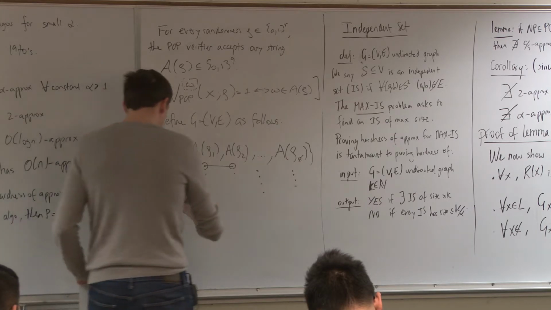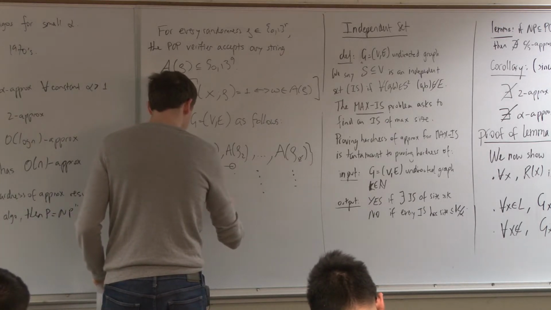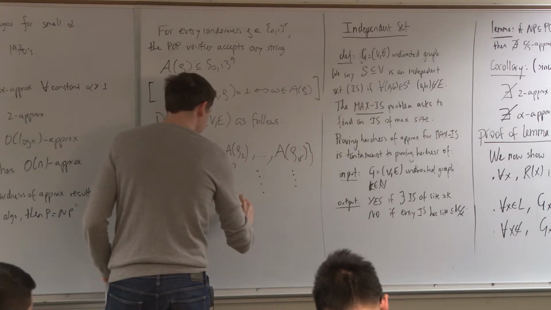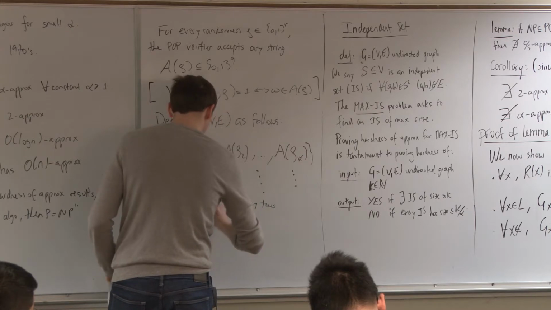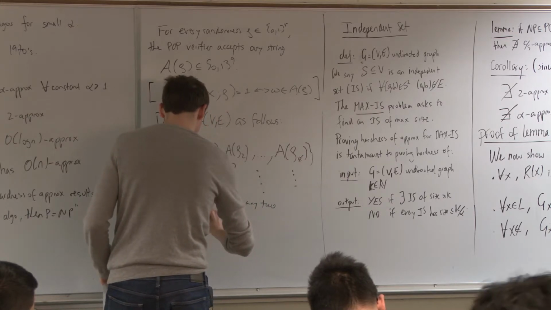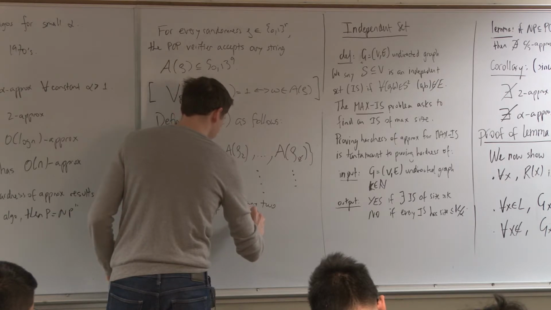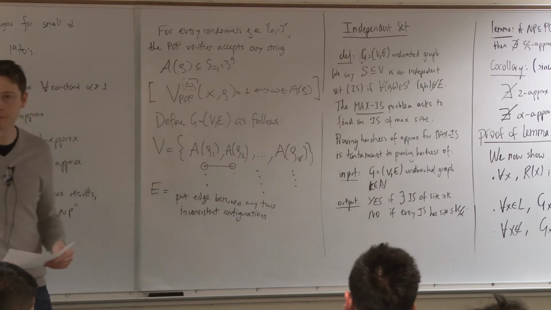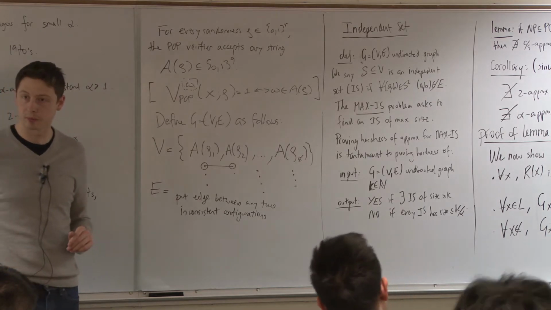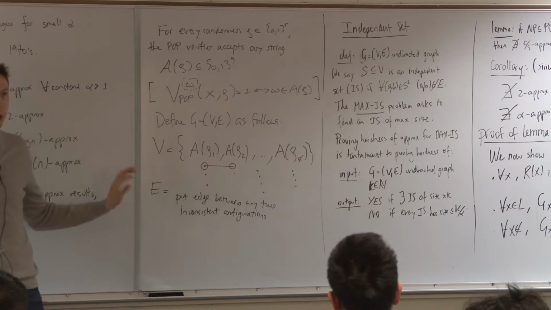So the edge set will say that I'm going to put an edge between any two inconsistent configurations across columns. Actually, I have a few more edges to add, but they're not important right now. We'll see in the proof why we need to add them in a moment.